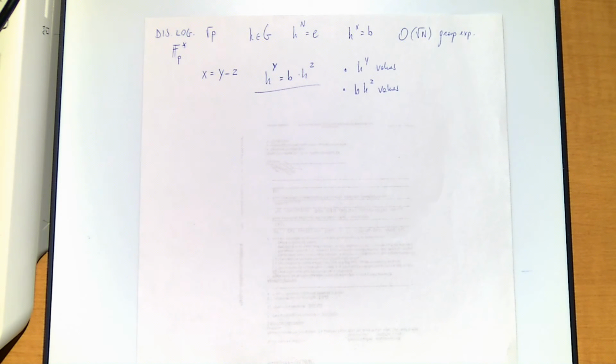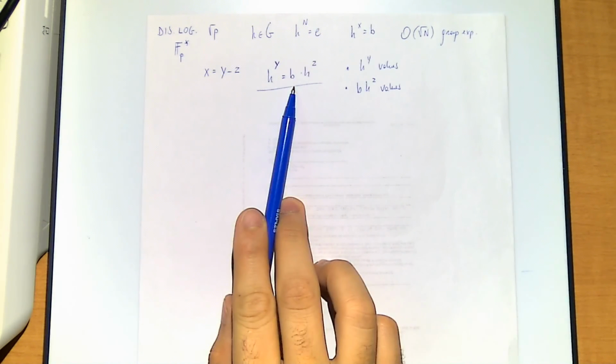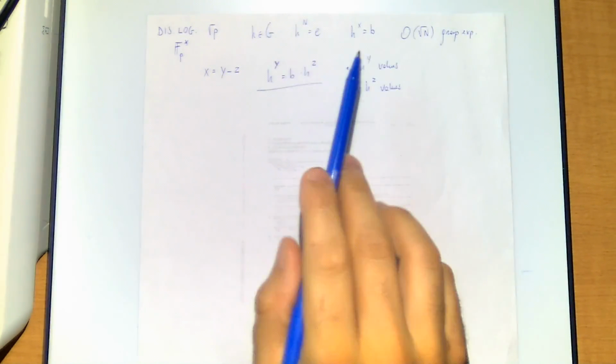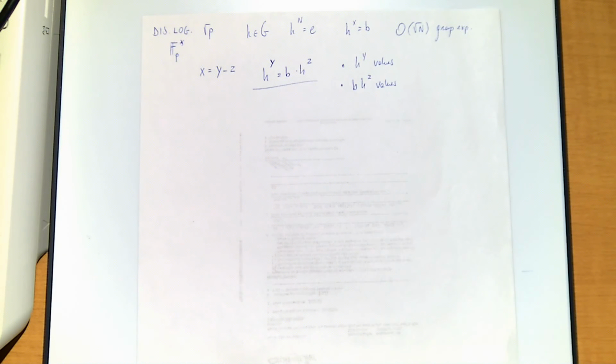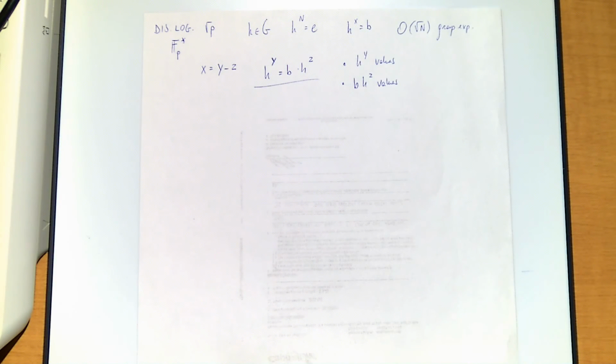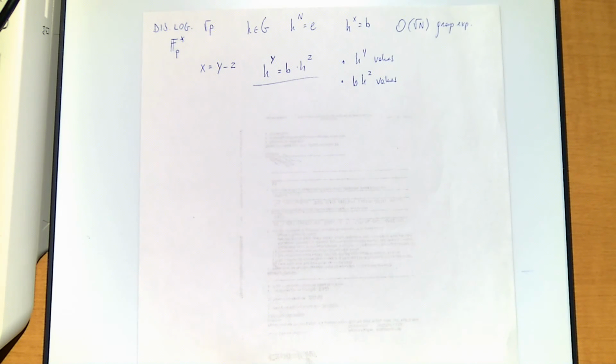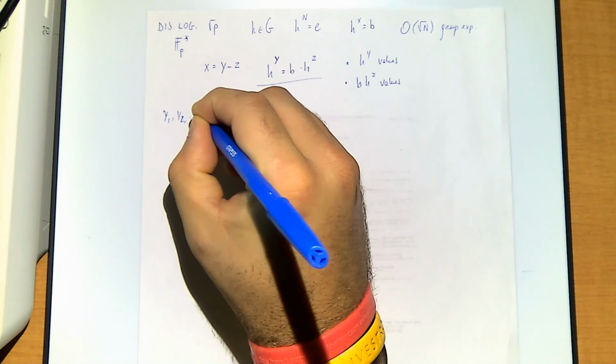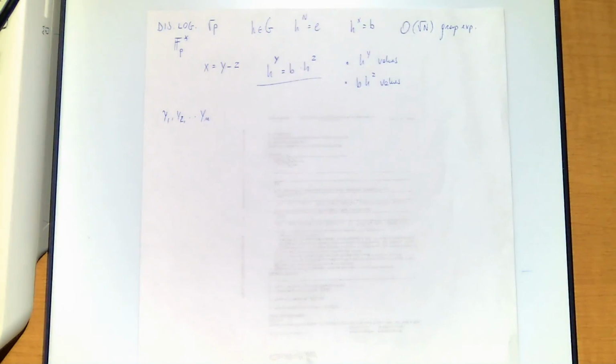And then when you find a match, you actually find this, which means that you have this. Okay, so let's count why this is exactly square root of n. Basically, you choose random exponents y1, y2, up to yn, and then you compute all these values in the first list.